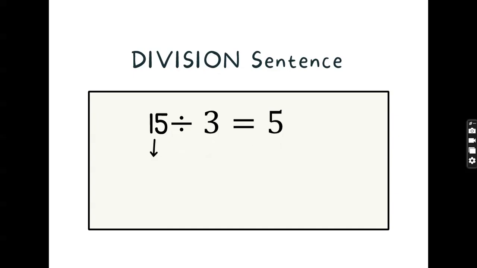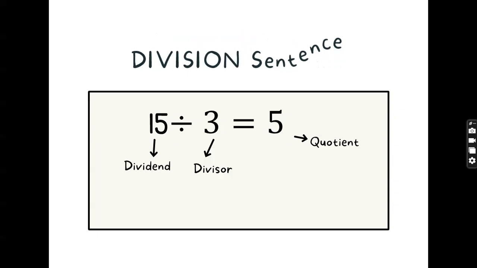So, the first number will be called the dividend, the second number will be the divisor, and the third number will be the quotient. Good job. This is called a division sentence, and it contains dividend, divisor, quotient. Remember, the dividend will be greater than or equal to the divisor.